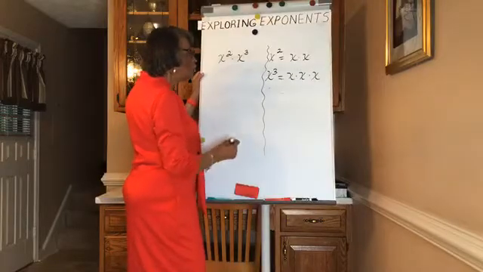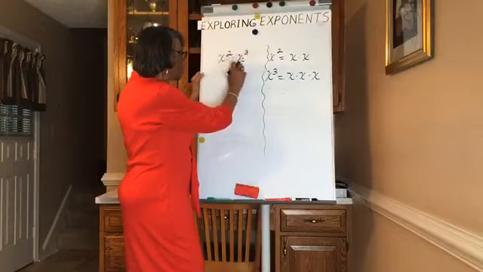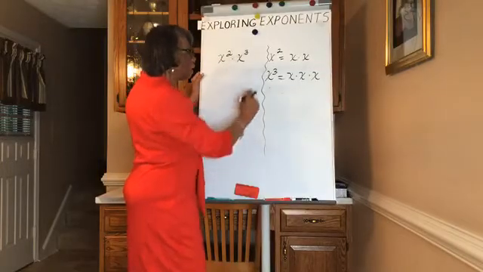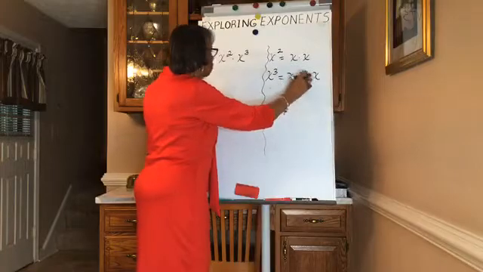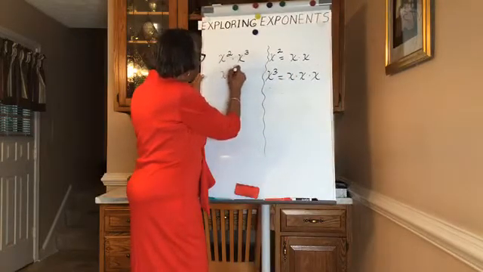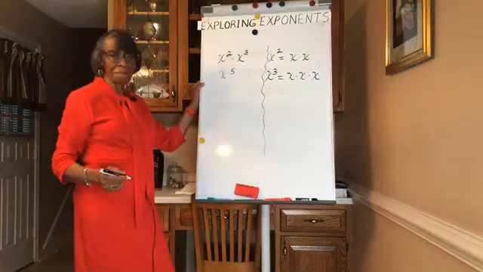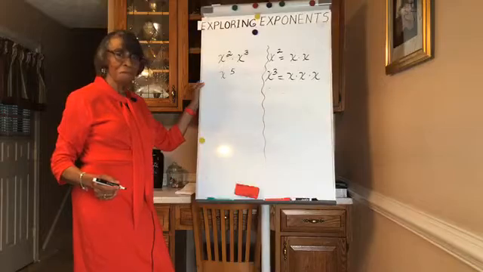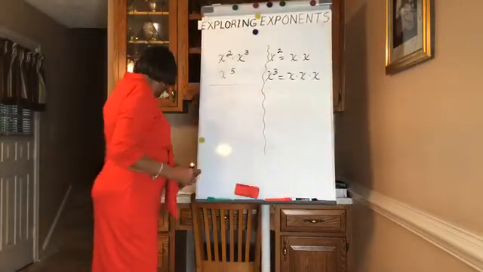So, what then is the answer to x squared times x cubed? Let's count it. 1, 2, 3, 4, 5. So it's x to the fifth power. How easy is that? X to the fifth power. Okay, let's try a second one.